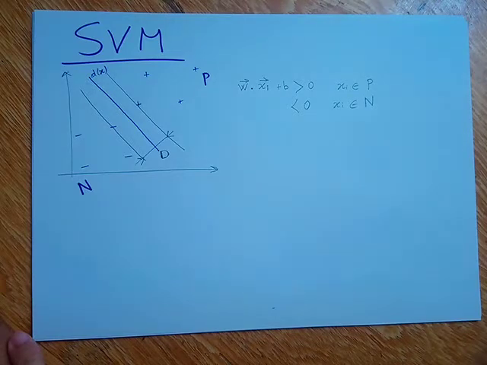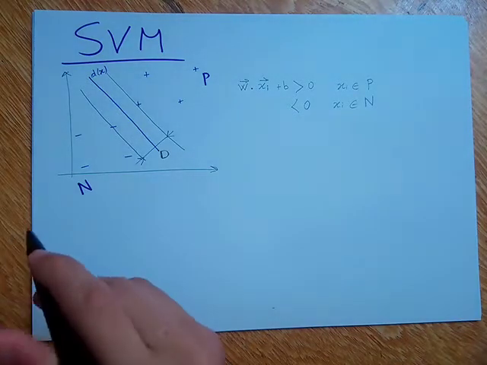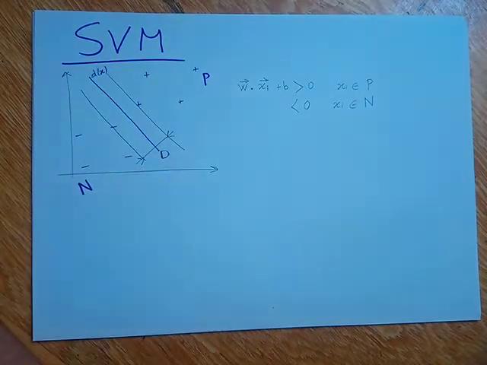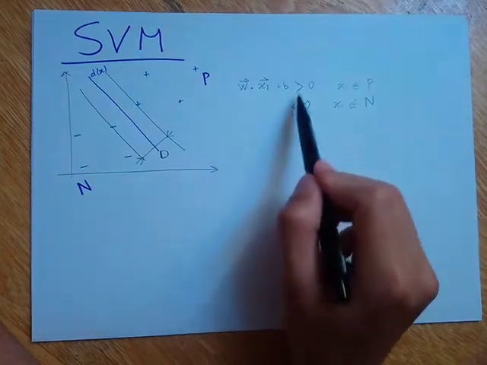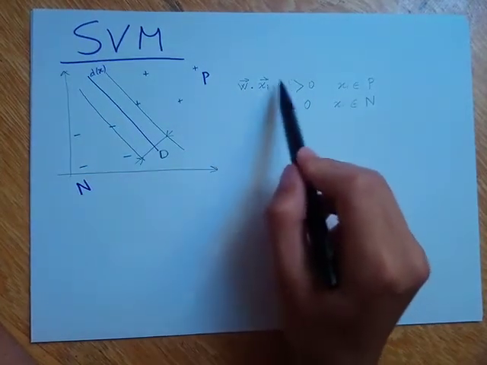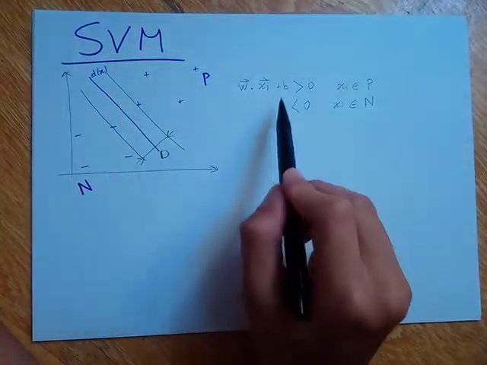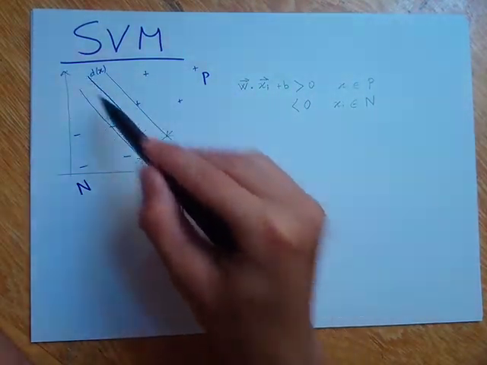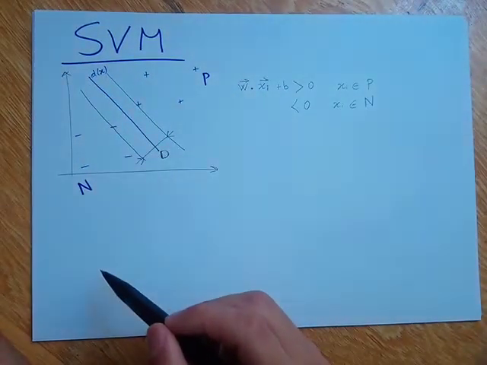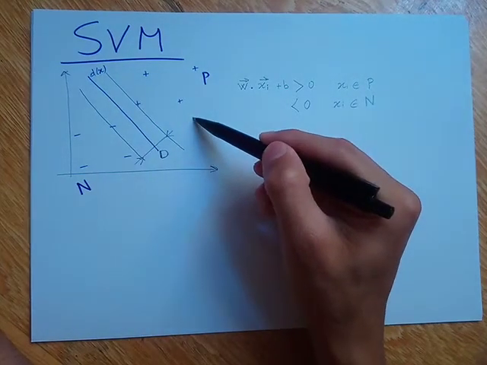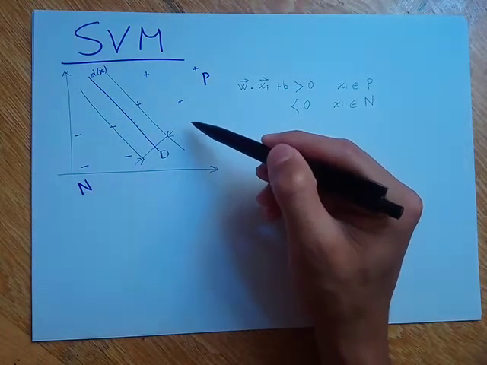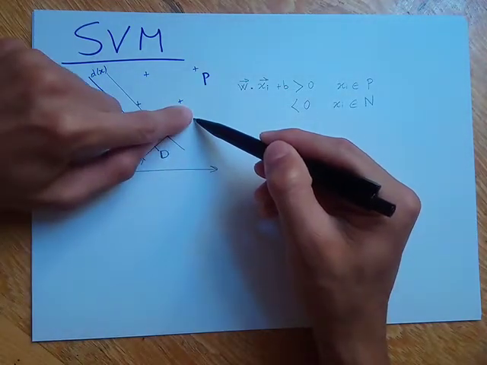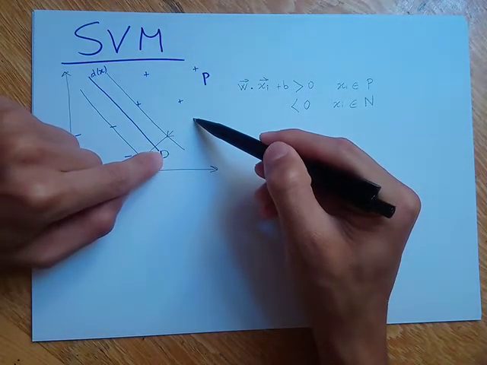Okay, so now what should we do? First of all, before going to the second step, I just need to make sure that we understand the meaning of this expression. Well, this expression just gives me a distance, or a measure of distance, from this decision line here. So, for example, if I have a point here, then I will get a positive value, and this positive value is just a measure of the distance between this point here and the decision boundary.